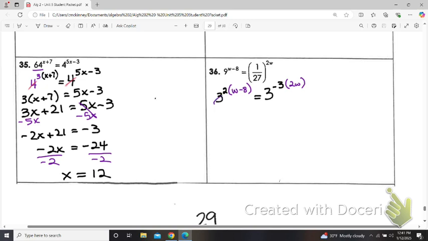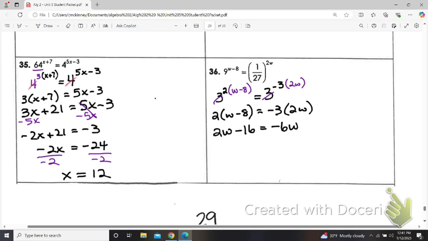So we're going to get rid of those bases. I'm just writing down my exponents, including the parentheses. Now I'm going to distribute. And then over here, it's just negative 3 times 2w. There's not 2 terms, so negative 6w.